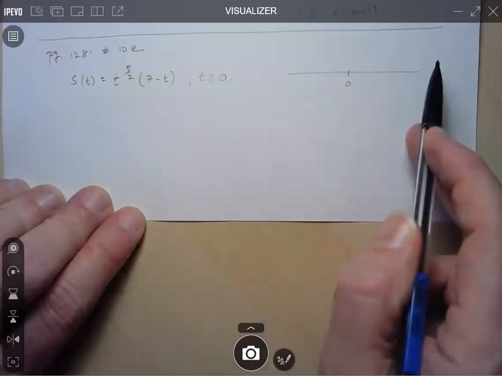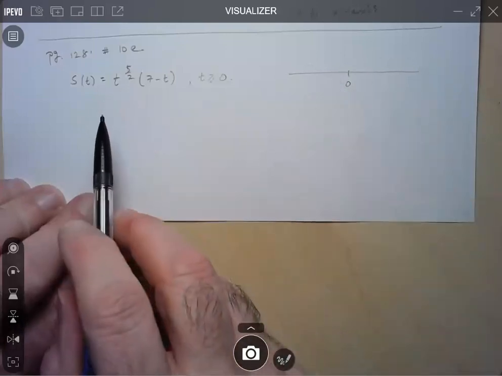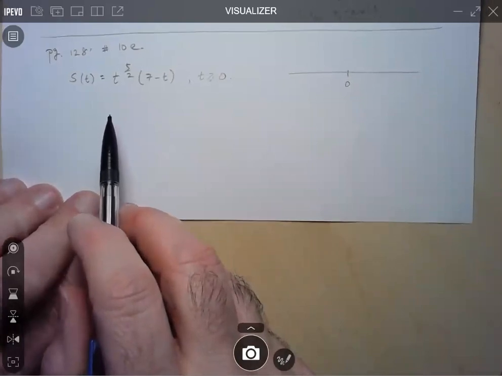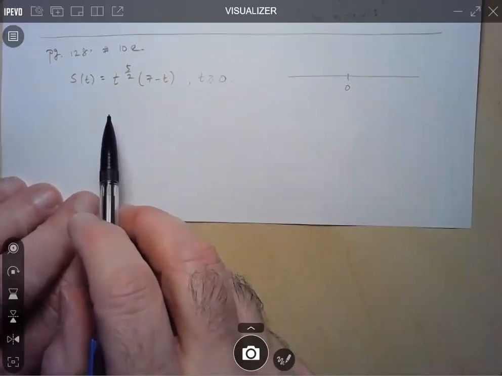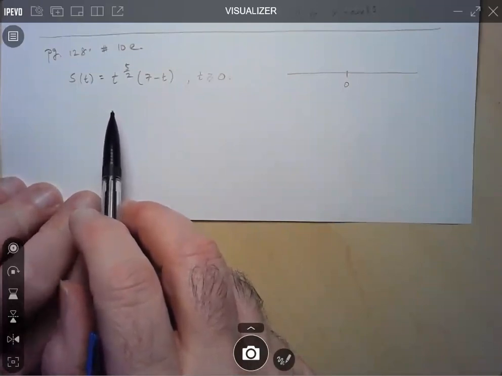It could be moving back and forth, who knows? So where does this object start? Who's going to tell me where this object actually starts at t equals 0? This is the second easiest question I'm going to ask. Who can tell me where this object starts?